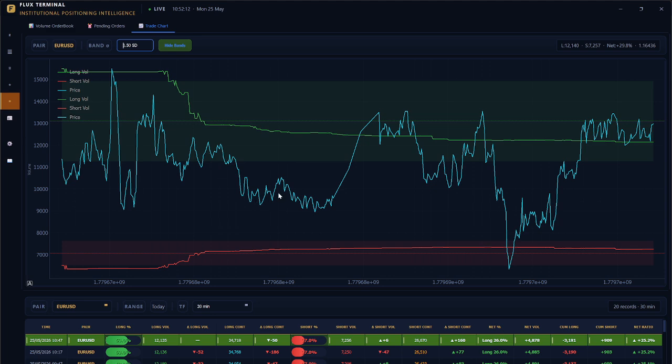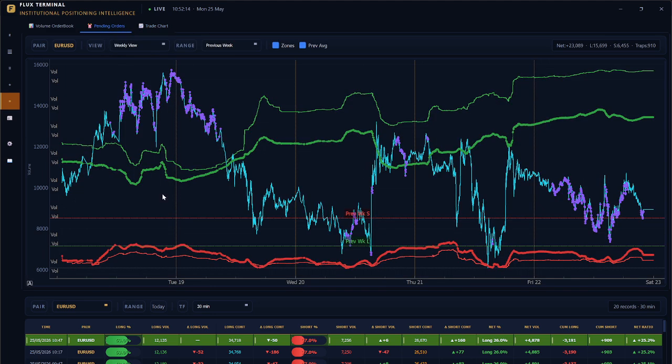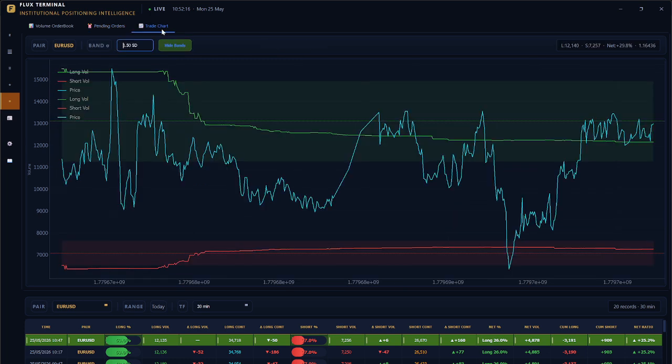The trade chart is basically similar to the pending orders, but there's a standard deviation band, which you can see in green and red rectangles. This is where the price mostly tends to move between, up and down.